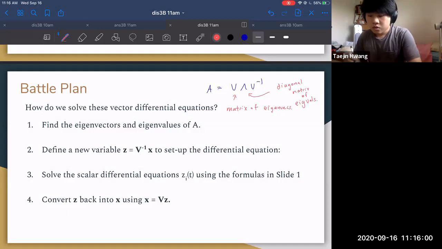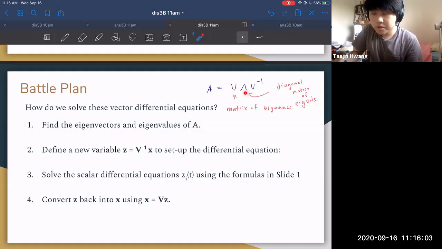And this diagonal matrix is really going to be the key here.